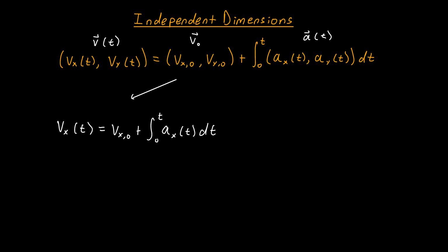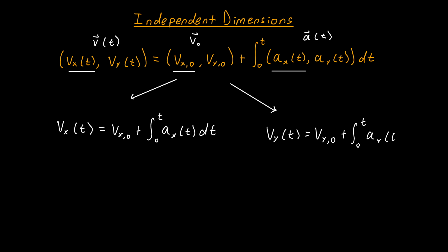And the way that we got this first equation was just by considering the left component of every vector, because as I just showed you, they add individually or separately. Now, if we consider the right component of every vector, then what we get is an analogous equation: Vy of t becomes Vy0 plus the integral from 0 to t of ay of t dt.